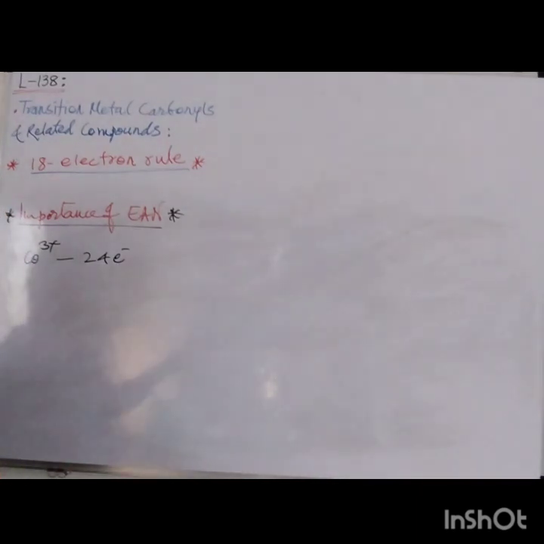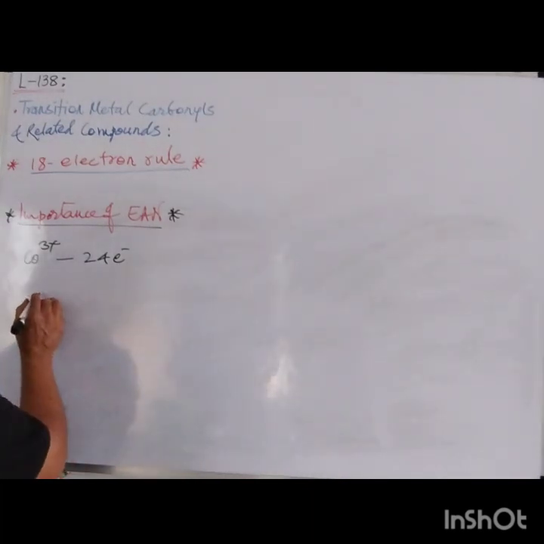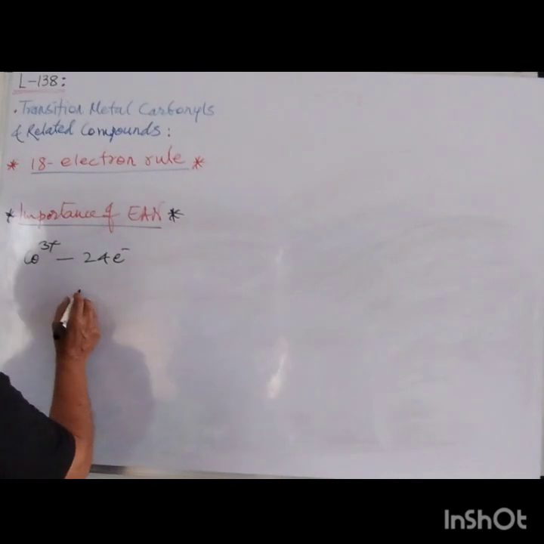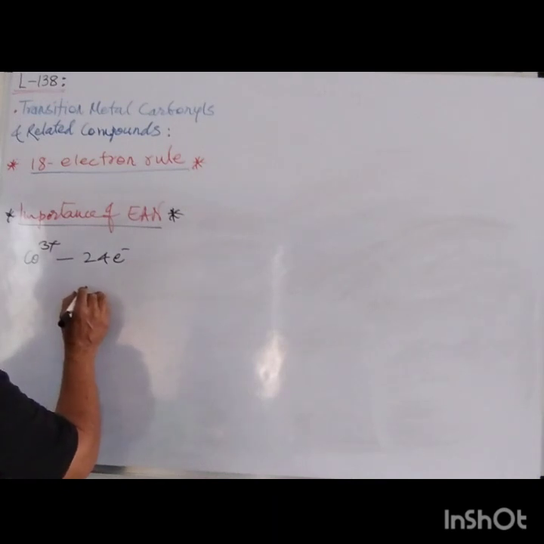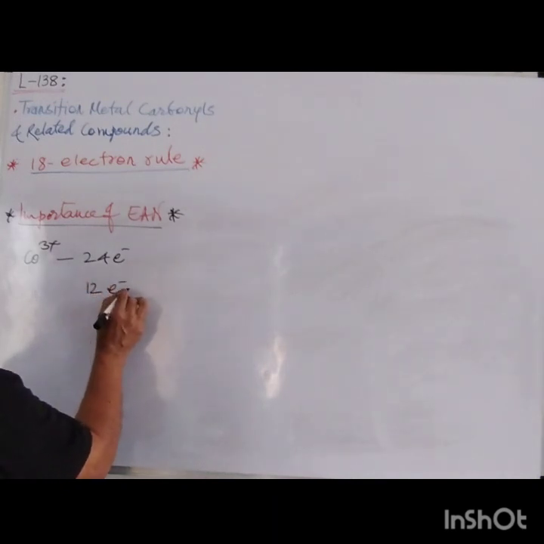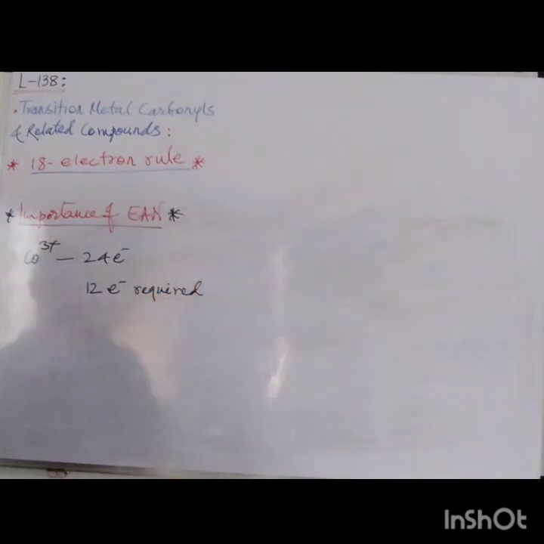In order to attain 36 electrons, that is the next neighboring gas element, krypton, it will require 12 more electrons to attain the effective atomic number, that is the next inert gas configuration.